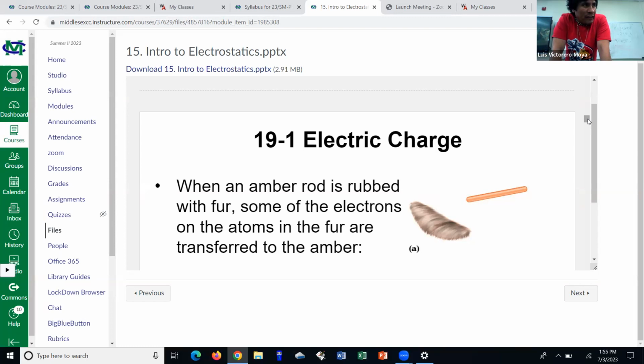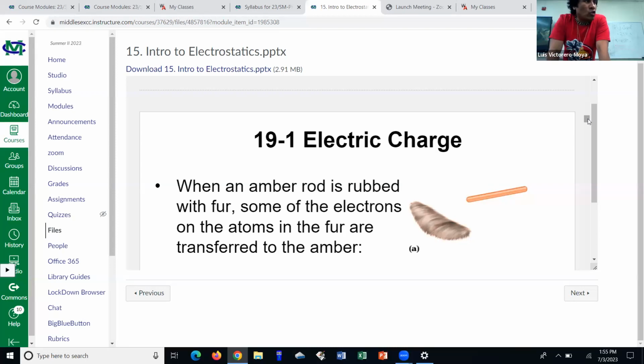Now, this has been replicated in the lab, of course, and the basic example is the pieces of paper with the rubbing of plastic. So if you have a positive charge and a negative charge, they will attract. That's how we know the experiment works. But all that is static electricity. We're just removing and transferring electrons.